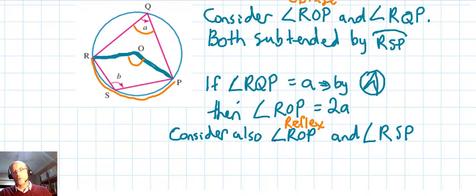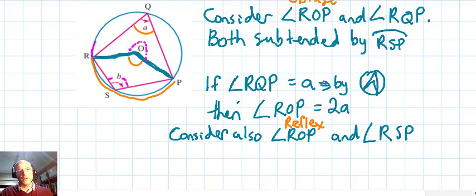Consider also the reflex angle ROP and the angle RSP, which we can see there down the bottom. They're both subtended by the same arc, which is RQP, this arc here.